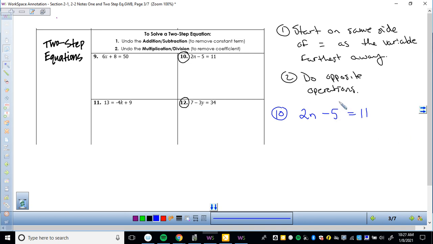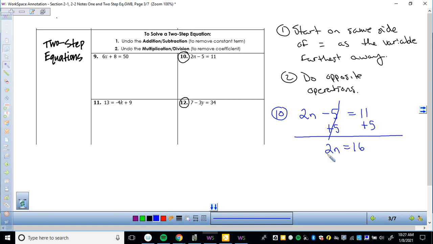All right, we're going to start on the same side of the equal sign as the variable, furthest away. So I see minus 5, so my opposite operation is going to be plus 5. I have to do it to both sides. Negative 5 plus 5 goes to 0. So on the left we have 2n equals 11 plus 5 is 16.